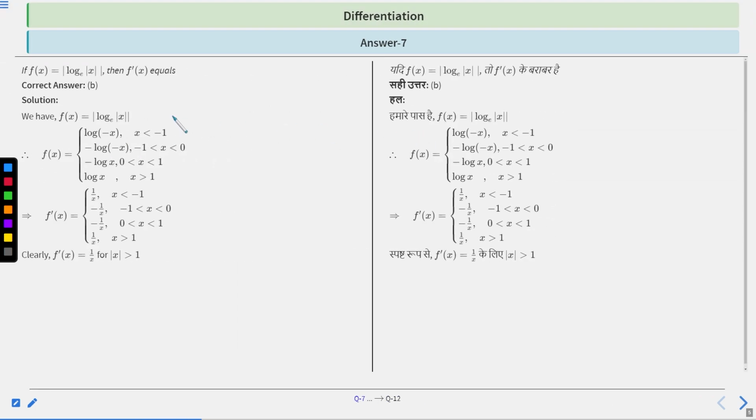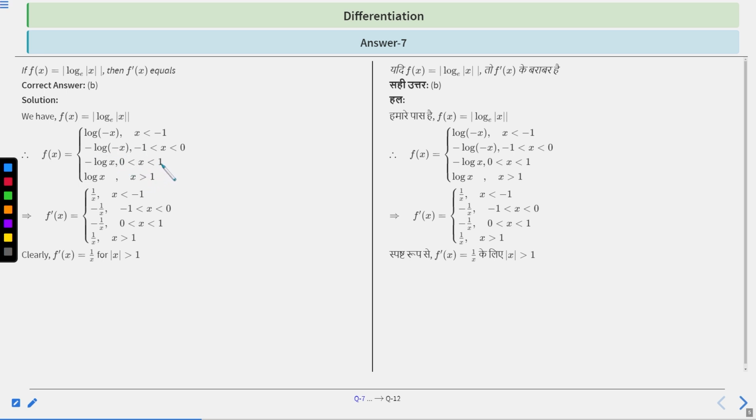See, as we have discussed, f(x) equal to mod log e mod x, right? Now, suppose when x less than minus 1, then this becomes log minus x, clear? When x is between minus 1 to 0, then this term will become minus of log minus x, right?